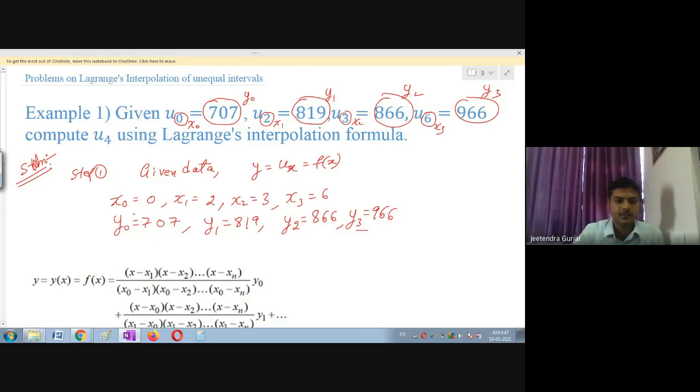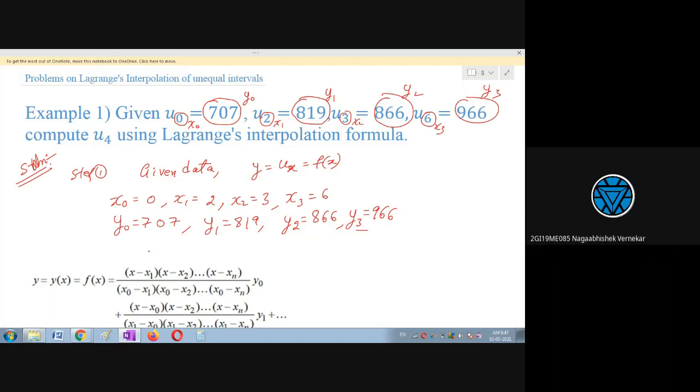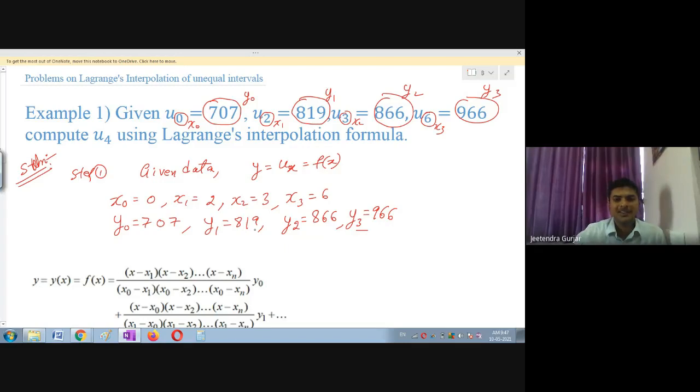I have not written x here. x0, x1, x2, x3 is there, y1, y2, y3 is there. But where is x? I have to substitute the x value here. At least one student, please think, where is x? 4, sir. X is 4. Yes, very good. Excellent.